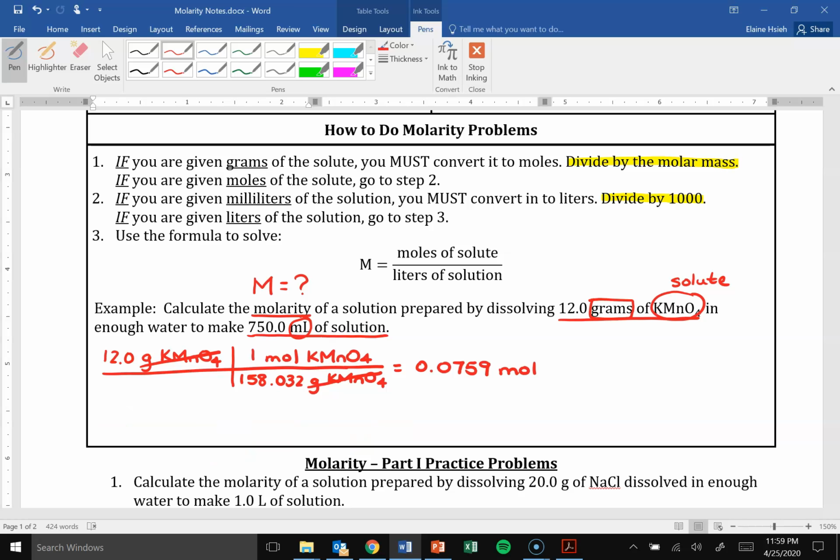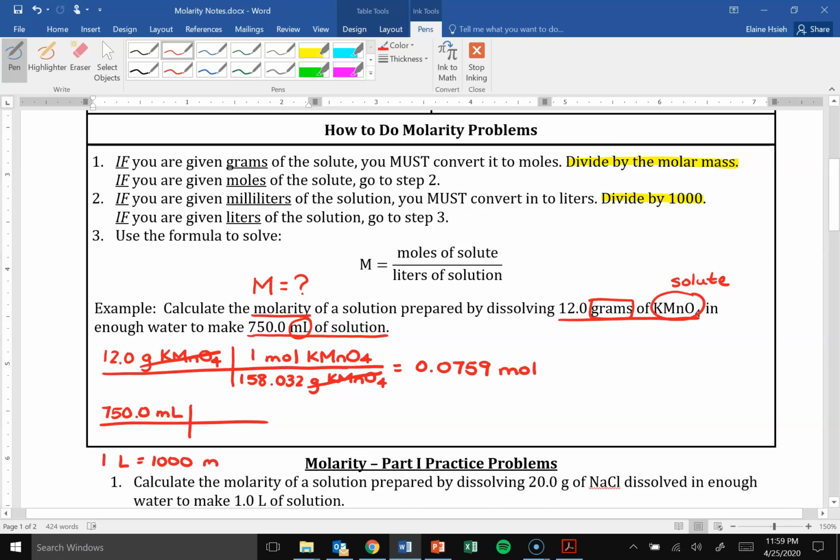So I need to take the 750 milliliters for the solution, and we're going to divide by 1,000. Now, why do we divide by 1,000? Well, it's because 1 liter is equal to 1,000 milliliters.